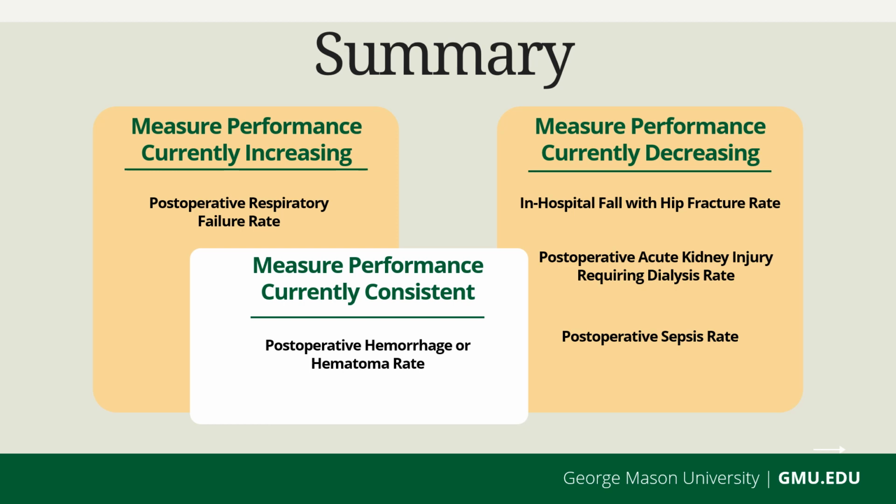And the post-operative hemorrhage or hematoma rate remains stable. Comparatively, the medical center outperforms competitors, staying within or below control limits in all measures. Despite challenges, the favorable comparisons indicate effective risk management.